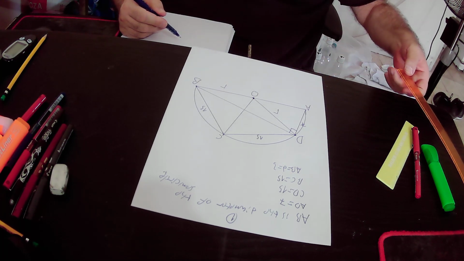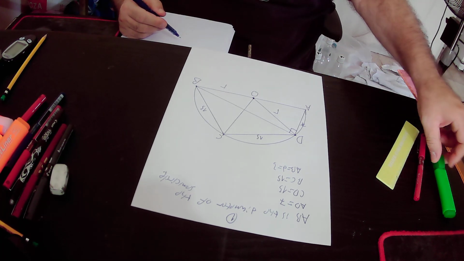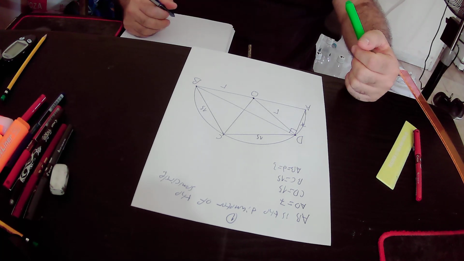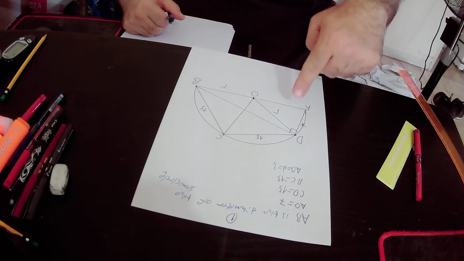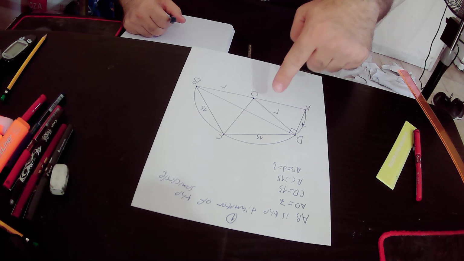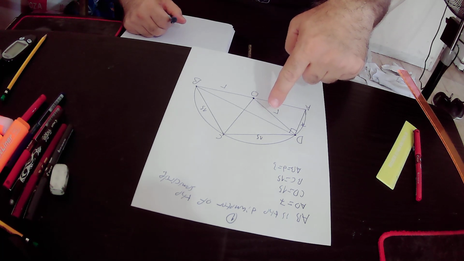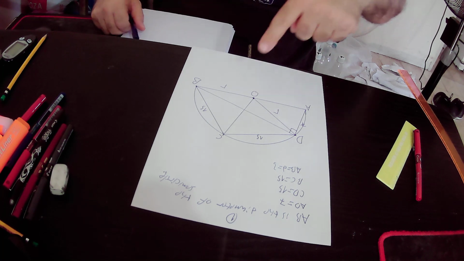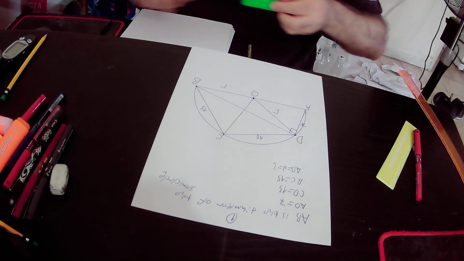So in the next step we will focus on triangles AOD, COD and OCB.